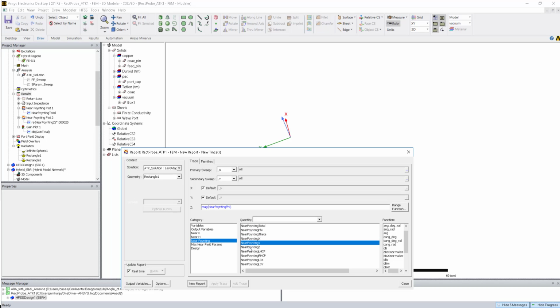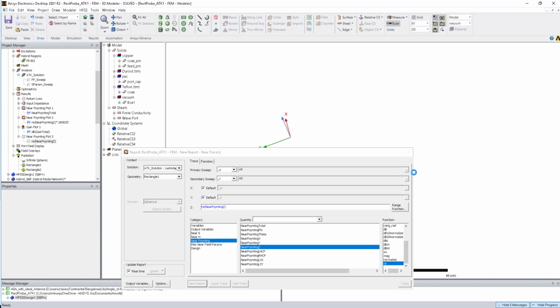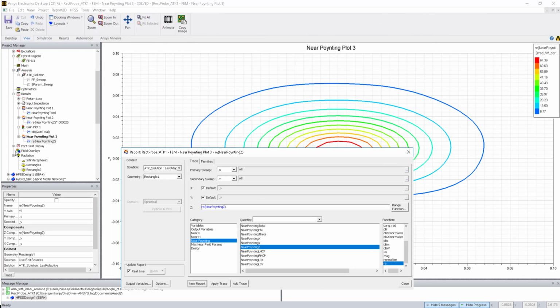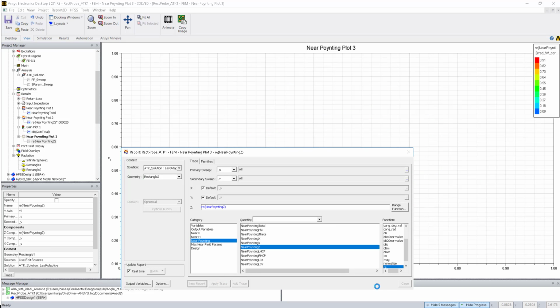Select the z direction and select the real part of that. Click new report. Okay, one more thing: there are two rectangle sheets. If you want to see one particular sheet, select that one and click apply trace.